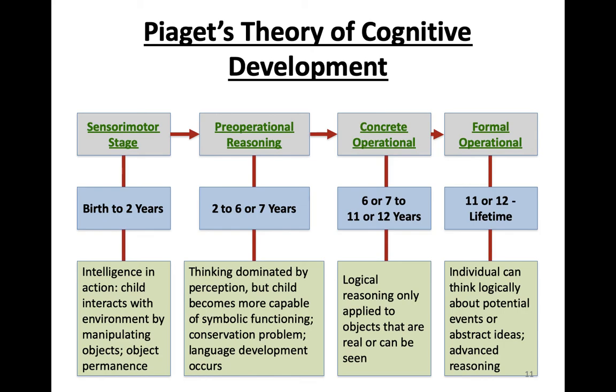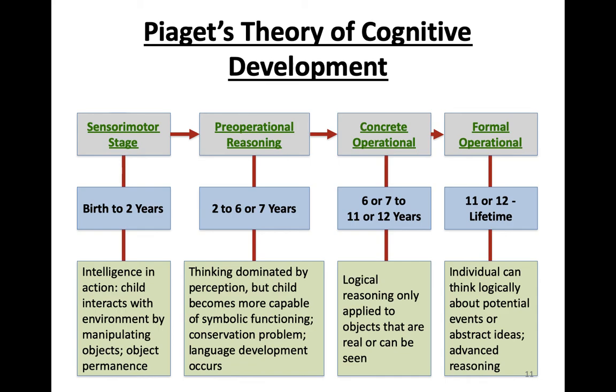That they think in a similar way about different types of problems. These stages, according to the theory, occur in a fixed order. So that is, stage 1 happens before stage 2, which happens before stage 3, happens before stage 4. And that a child's thinking within each of these stages is fundamentally different. Okay, so I'll describe each one of these in detail, but stage 1 is sensorimotor, goes from birth to 2.